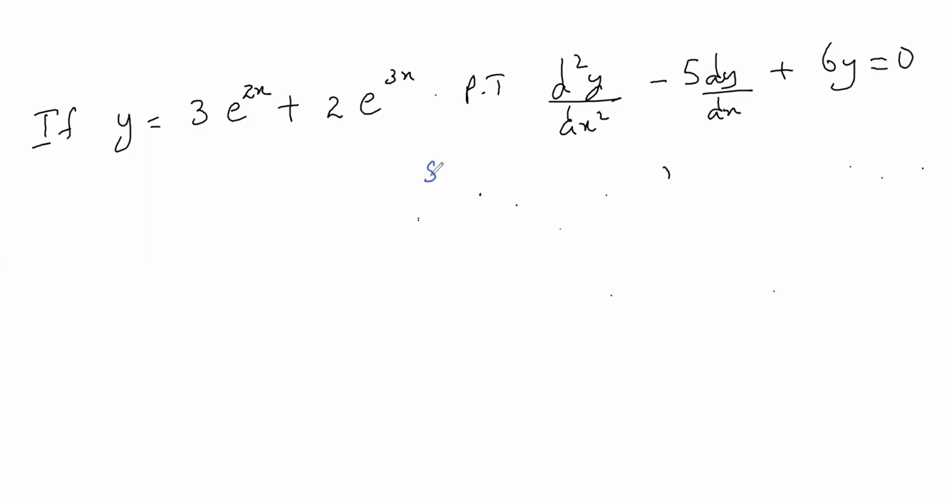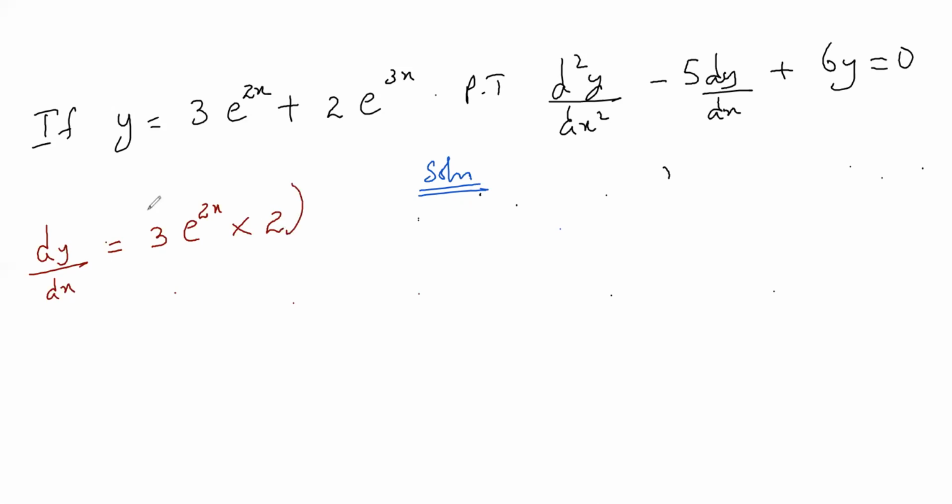So first thing is we have to find what dy by dx. Correct? 3 is a constant. And what is e power 2x differentiation? E power 2x. And what is the 2x differentiation? 2. So multiply by 2. That's all.